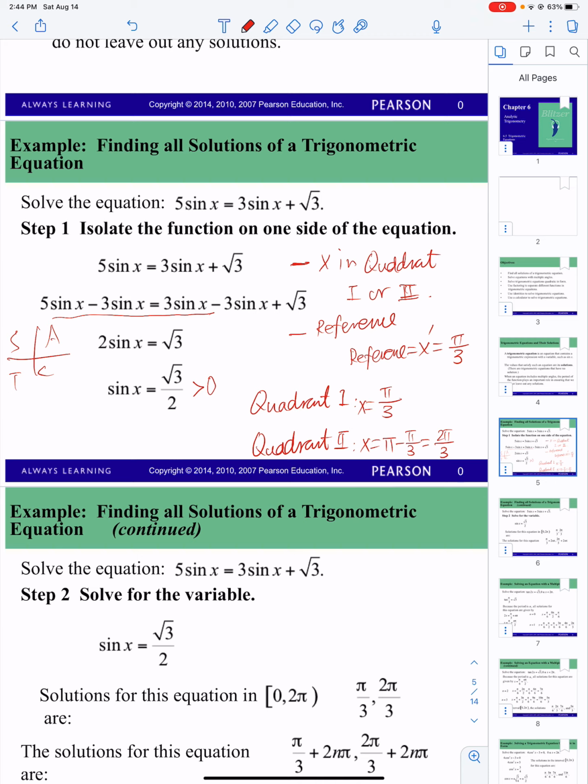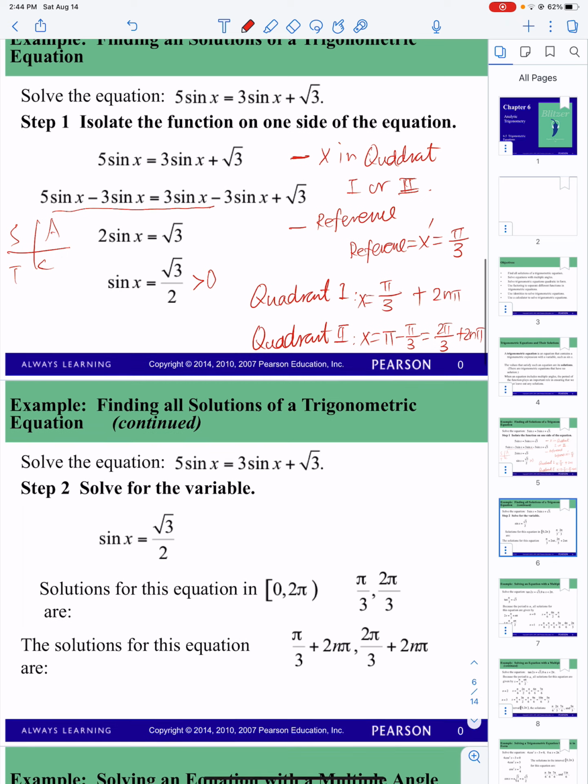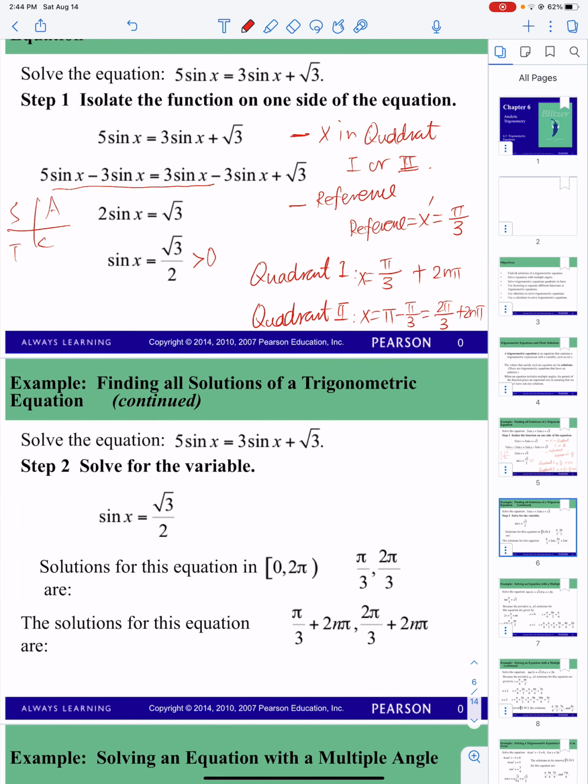This only finds 2 angles, but do you remember you can always go one revolution, another revolution, counterclockwise, which means plus 2n pi, and also plus 2n pi. Why? Because 2 pi is the period, and here n is any integer.